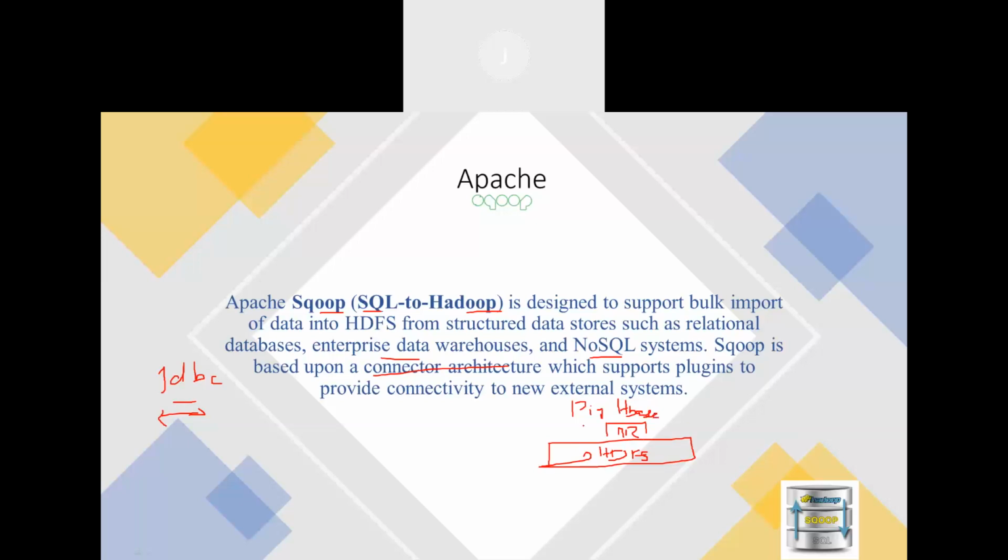So Pig came, HBase, and Hive is also there. Some community, like Yahoo, knew Pig Latin scripts, so they wanted to write Pig Latin and use the data in HDFS, use the distributed environment, so they came up with that.